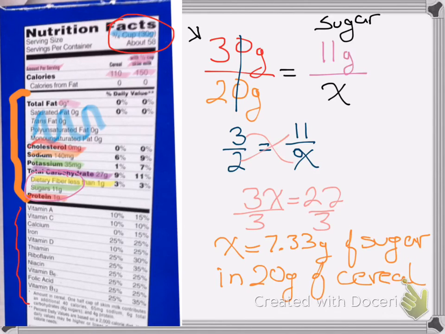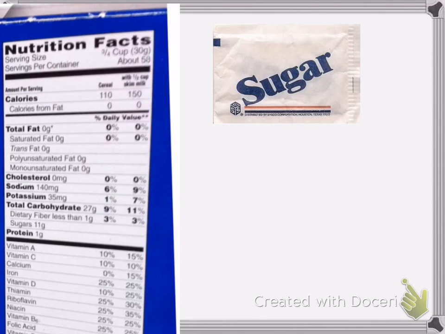To figure this out, we need to know how many grams of sugar make up one serving. One serving of sugar is considered to be one packet of sugar, something like this that you've probably seen in a restaurant somewhere along the line. One packet of sugar, right here, is equal to 4 grams of sugar.